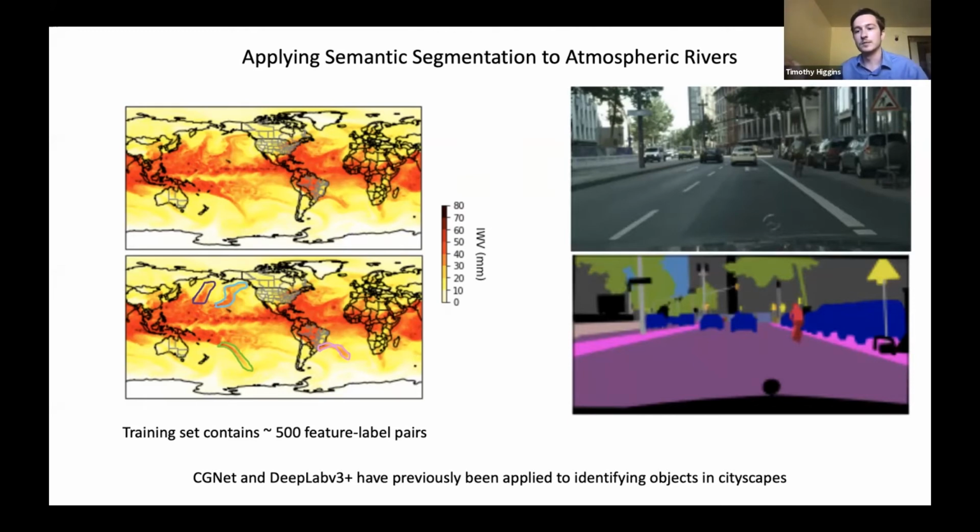Here, I'm applying a similar idea to the training data. 80 different weather and climate scientists participated in a hand labeling campaign where they looked at spatial images of the globe and made a hand-drawn contour in any area where they felt there was an AR, and did nothing where there was not an atmospheric river. This training set contains about 500 feature label pairs.